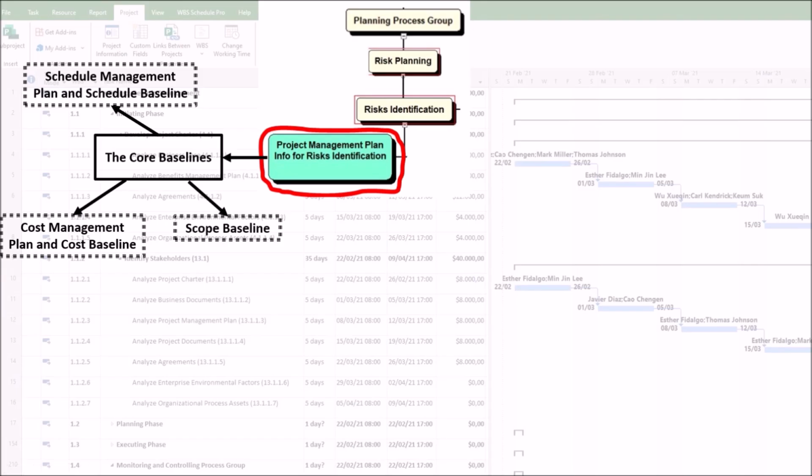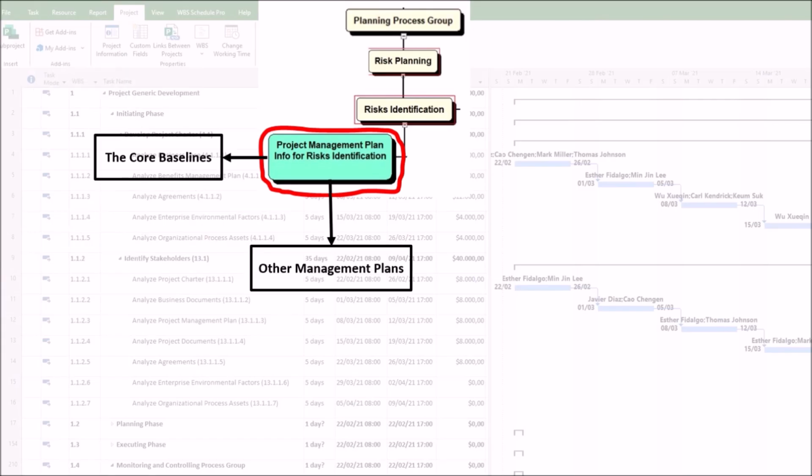Third, Scope Baseline, composed of the scope statement, work breakdown structure, and WBS dictionary. This is the foundation for identifying scope-related risks, such as scope creep, ambiguous requirements, gold plating, or misunderstood deliverables. For example, the requirement for high performance is not clearly defined, leading to potential rework.